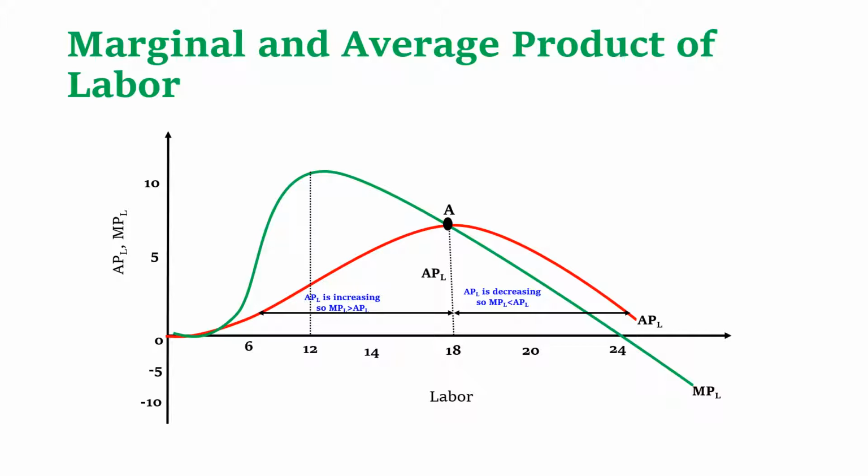All of those curves are U-shaped. The marginal product curve cuts the x-axis at L equals 24. At L equals 24, the marginal product is equal to 6.